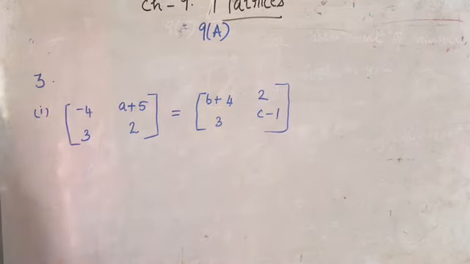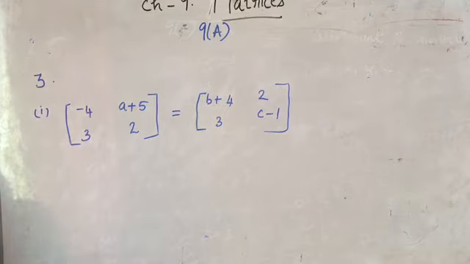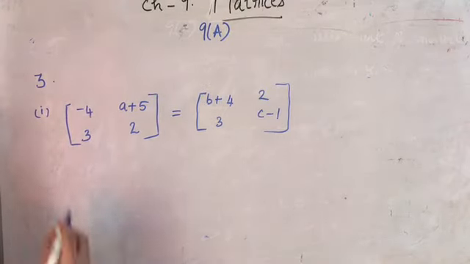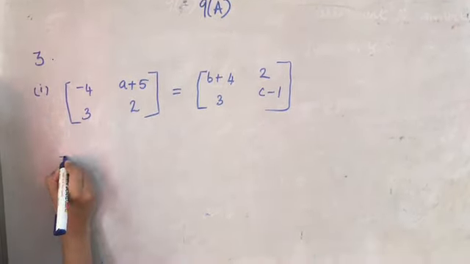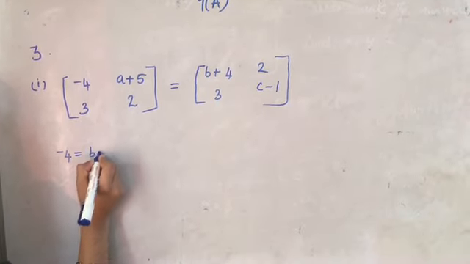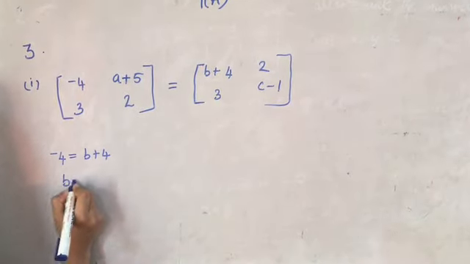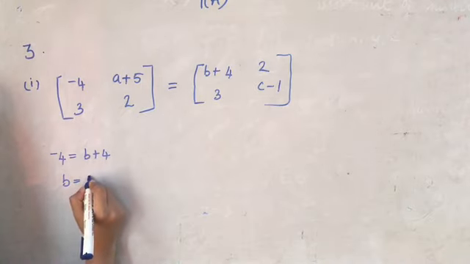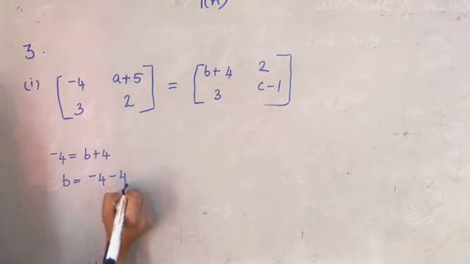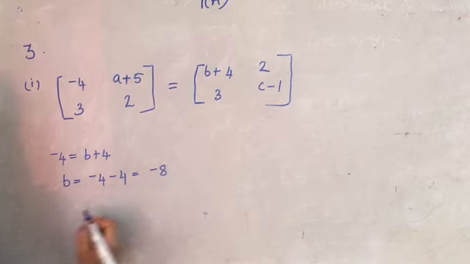Again, this shows that these matrices are equal. So let us take the first one, that is minus 4 equals B plus 4. That shows B equals minus 4 minus 4, that is minus 8.